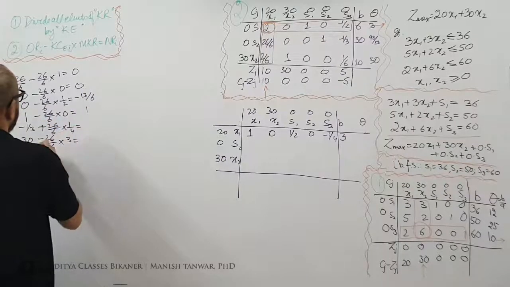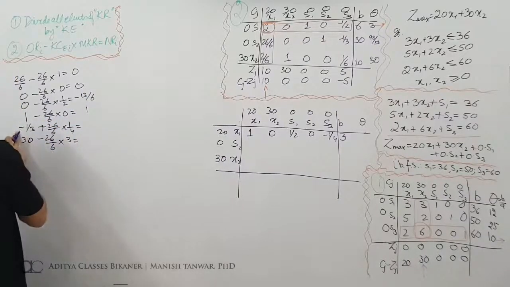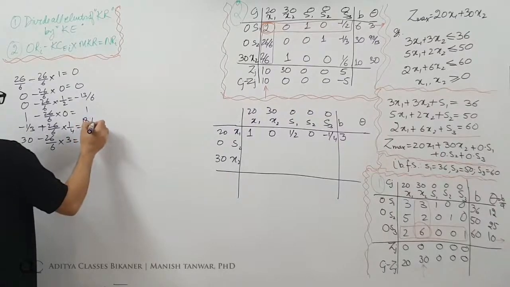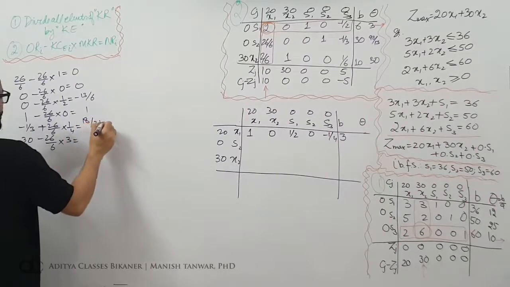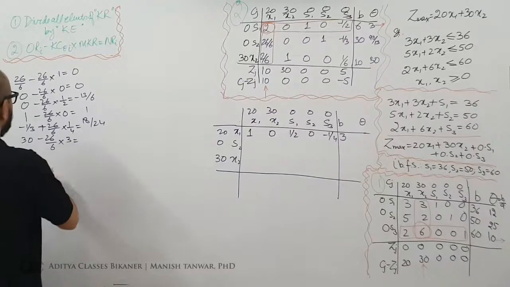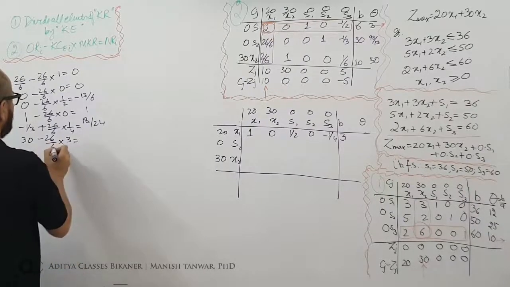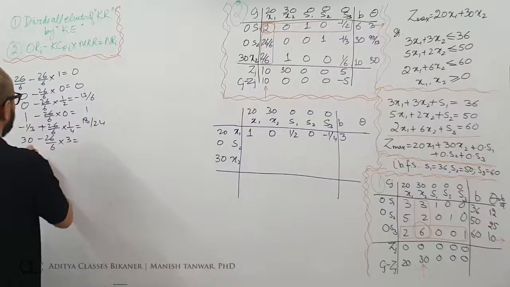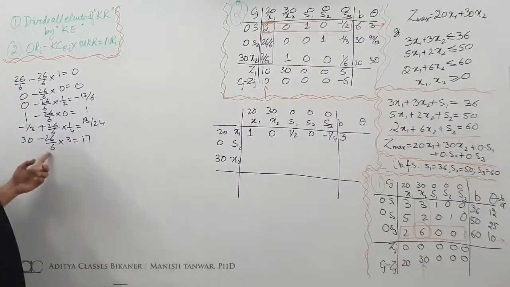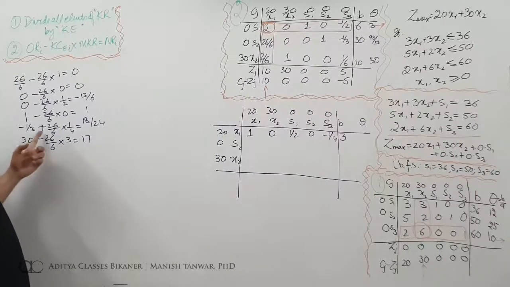This becomes 1. In this case, it will be 4 2s are 8, minus 8 plus 26 is 18 by 24. And then this last one would become 2, 13. 30 minus 13 would be a 17. This becomes 2. This becomes 13, 17.